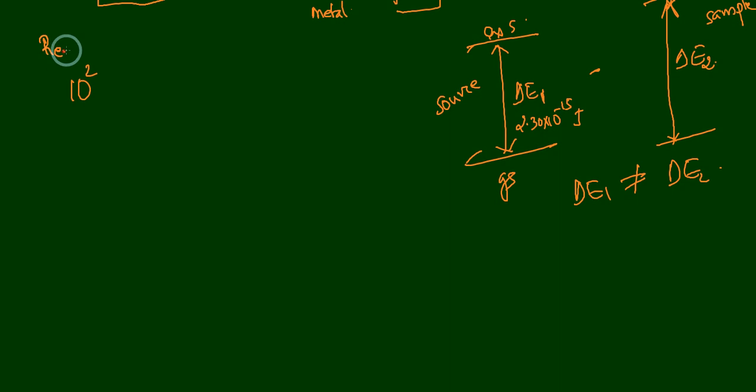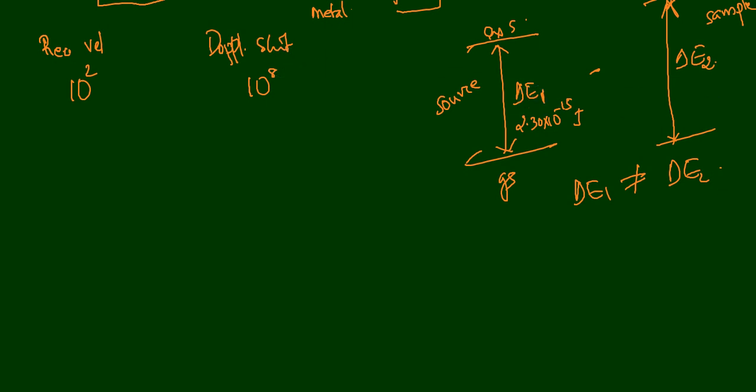This is the recoil velocity, and this recoil velocity can bring about a Doppler shift of, what was the Doppler shift? 10 raised to 8? What is it?